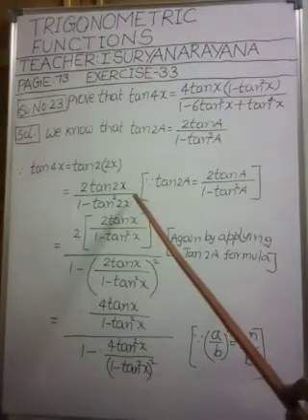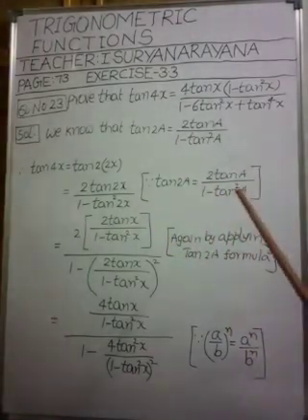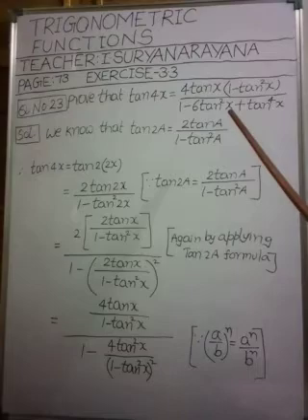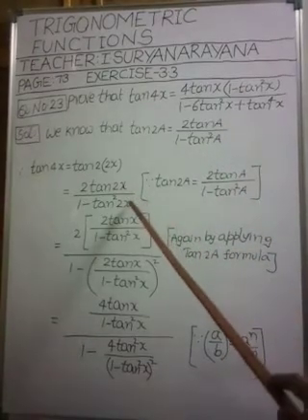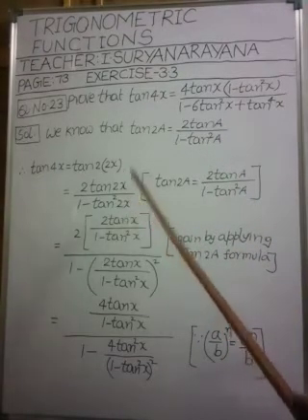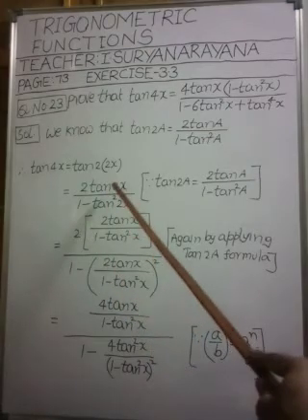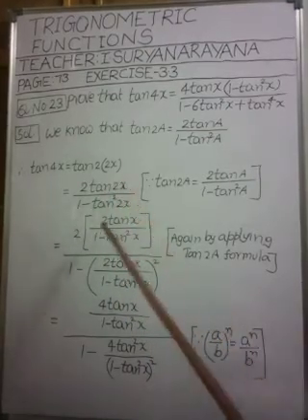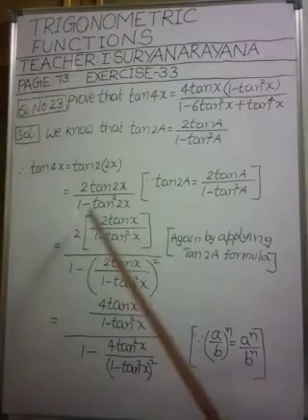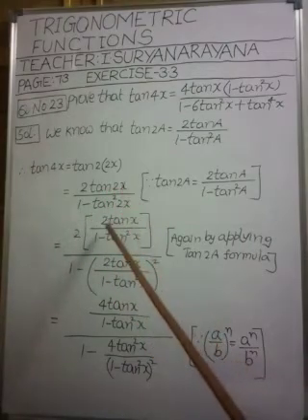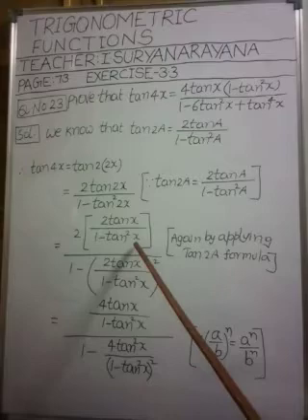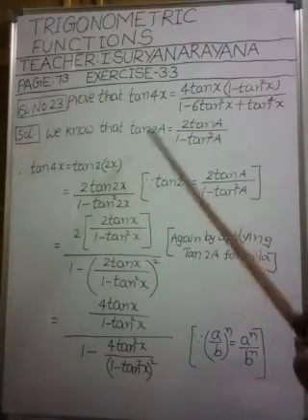Understood this step, my children? Just by substituting 2x in the place of a, we got this step. Understood this step, my children? Right. Is equal to, again we use the same formula here. 2 tan 2x is there. Okay, my children? So 2 of tan 2x formula, again 2 tan x by 1 minus tan square x. In the place of a, x is there here.